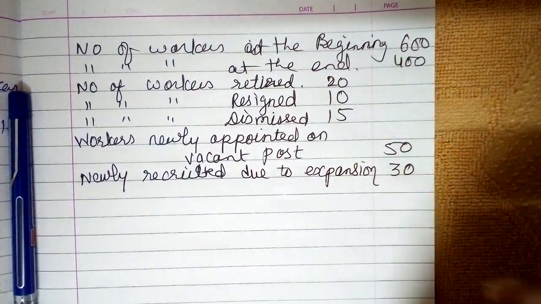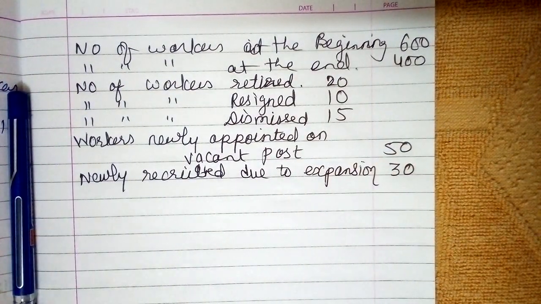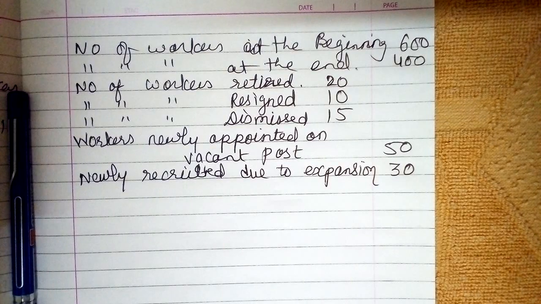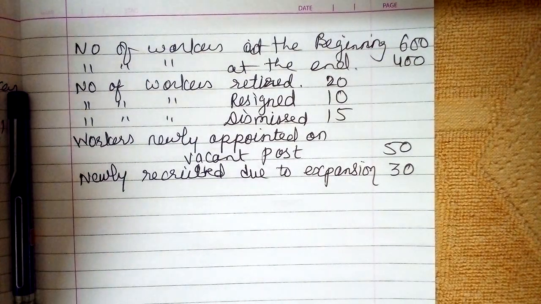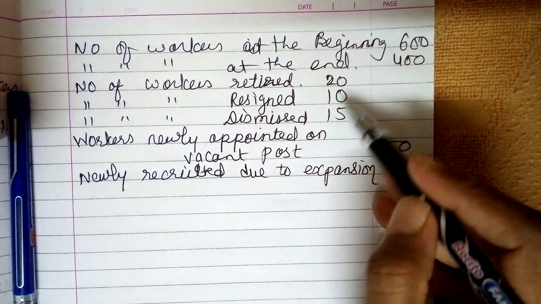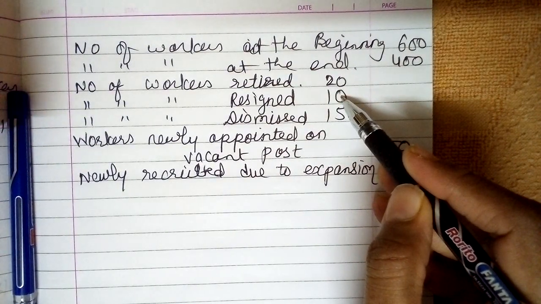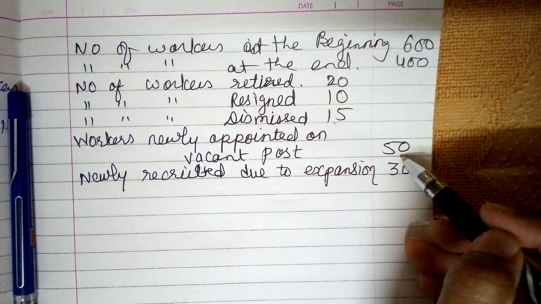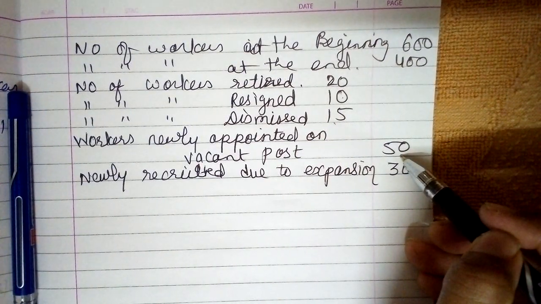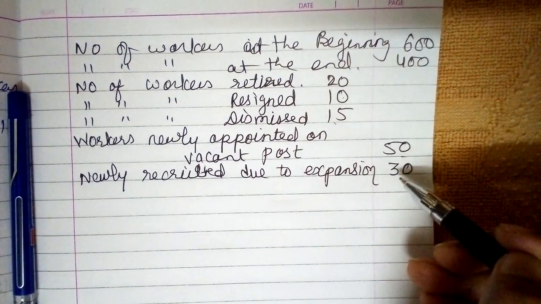So that is 30. So I repeat, number of workers in the beginning 600, number of workers at the end 400, number of workers retired 20, number of workers resigned 10, number of workers dismissed 15, workers newly appointed on vacant post 50, and workers newly recruited due to expansion 30.